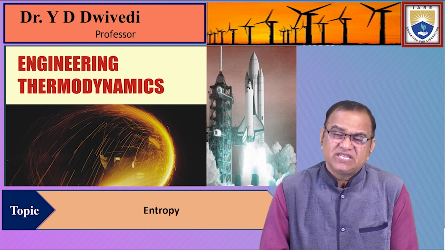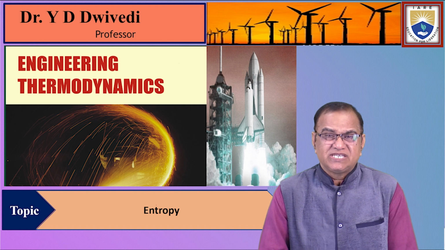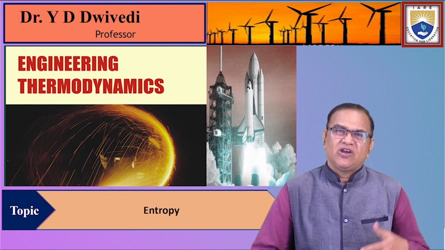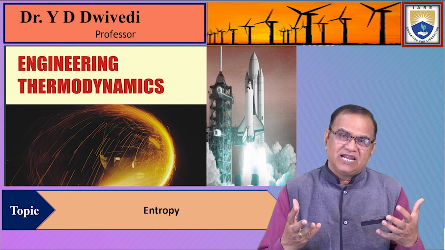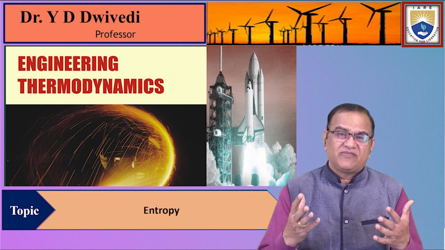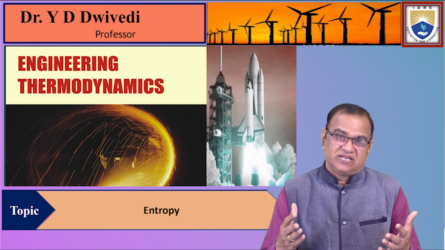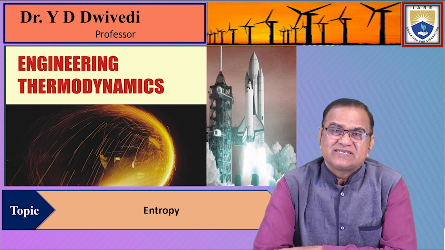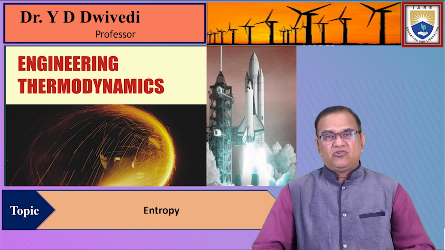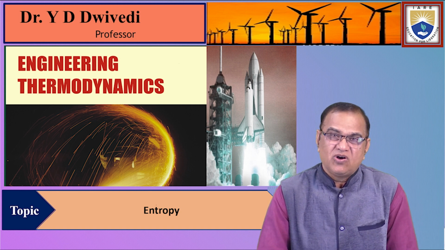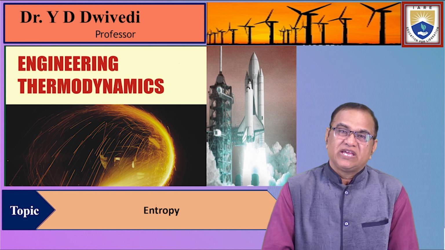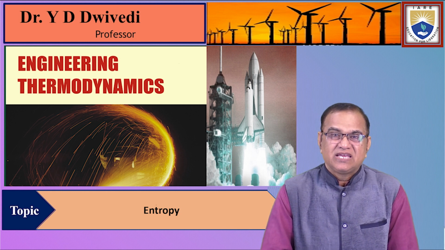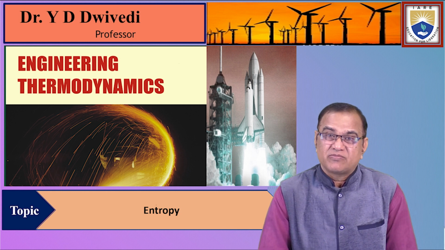After that, we have seen the Clausius inequality. In the Clausius inequality, we have seen that the cyclic integration of del Q by T is 0 for the reversible cycle, and the cyclic integration of del Q by T is less than 0, or negative, for the irreversible cycle, and del Q by T greater than 0 is not possible.